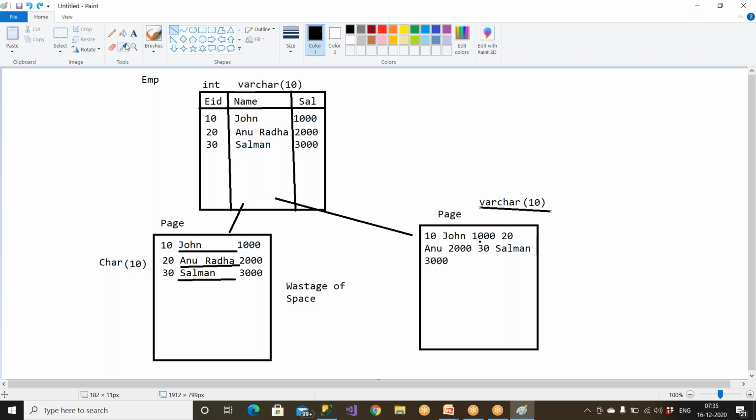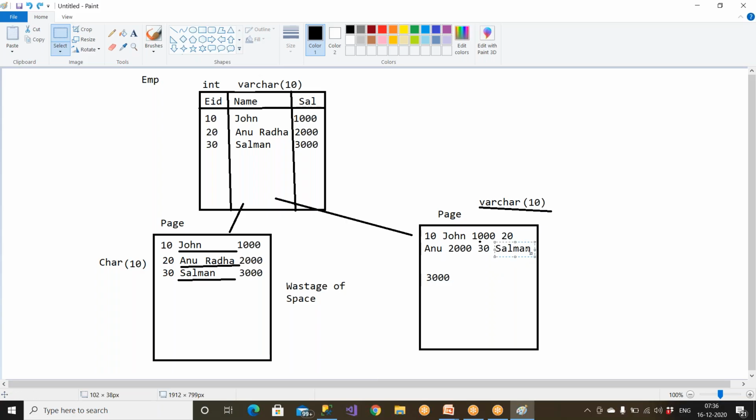What Microsoft SQL Server is going to do, if you wanted to give Anuradha here, is bring all the data down. It will adjust a lot of things. Now it will be a big problem for us.